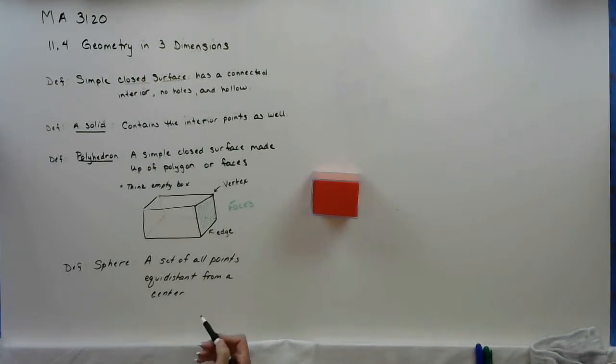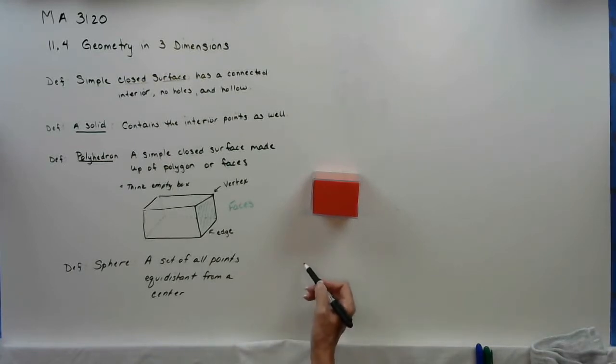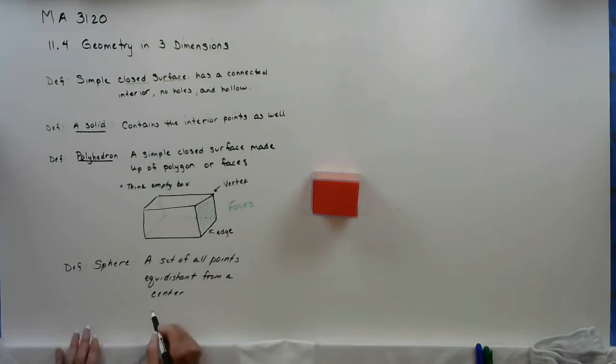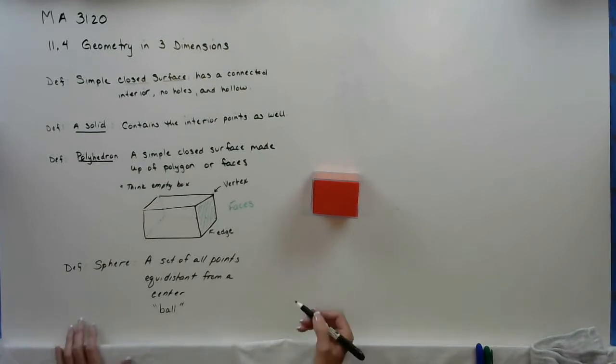If we go back to a two-dimensional shape, I would be talking about a circle. Those are the set of points that are equidistant. Now I'm talking about a circle going in every direction. Okay, so it's like a ball. Think of a sphere as a tennis ball, a baseball, a soccer ball.